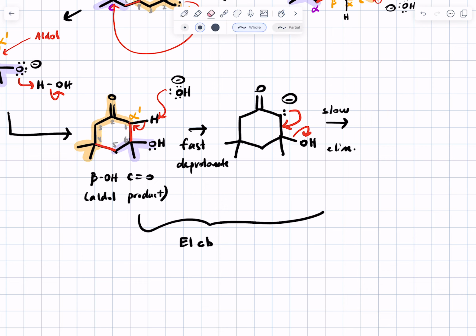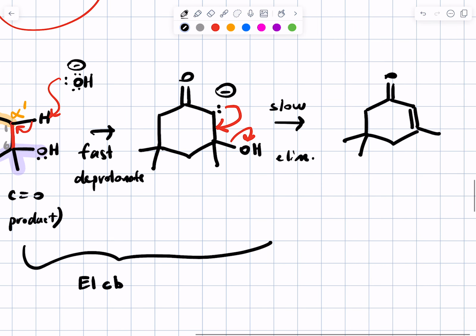I don't like how I drew that six-membered ring, so let's try again. Here's the new double bond we just made, and there's the methyl group. So again, I can use color to label the parts of the molecule that come from our starting materials.